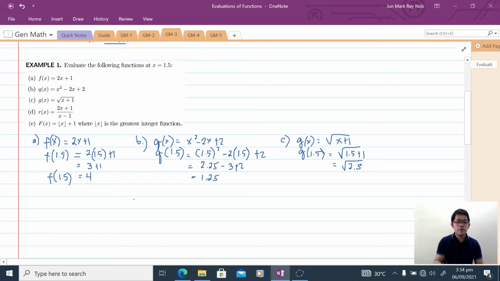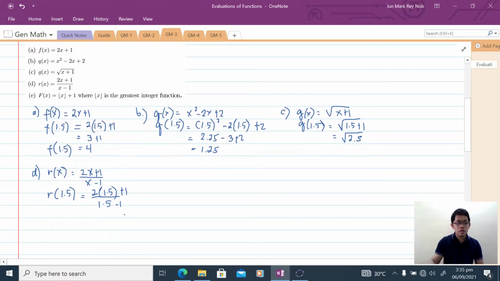Alright. For letter D, we have r of x equal to 2x plus 1 all over x minus 1. R of 1.5. That's basically 2 times 1.5 plus 1 all over 1.5 minus 1. And we have 2 times 1.5 is actually 3 plus 1 over 0.5.